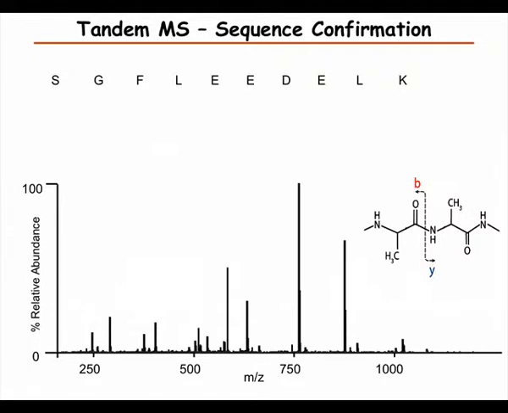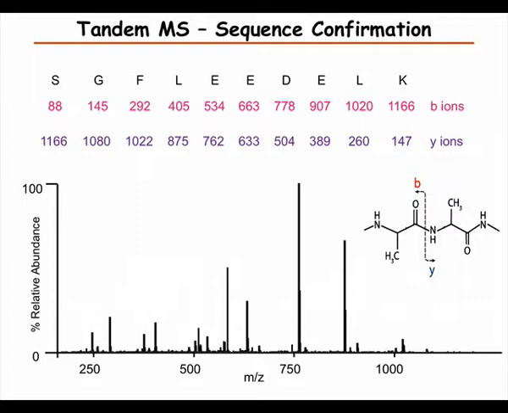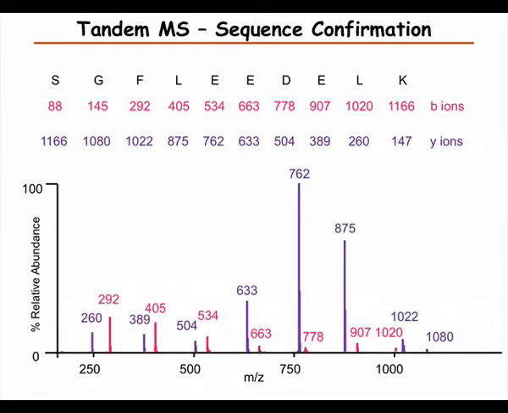And so the different strategies are either, first we look at the spectrum and we have the sequence. So then we can calculate all the masses of the B ions, and we can calculate the masses of the Y ions, and then we can just match and look for these masses.